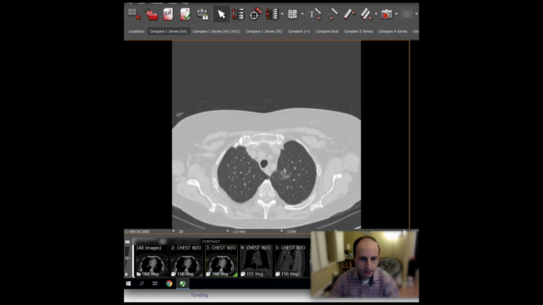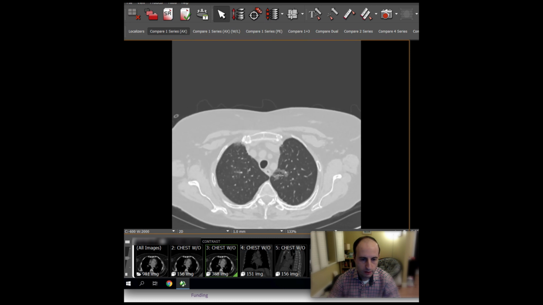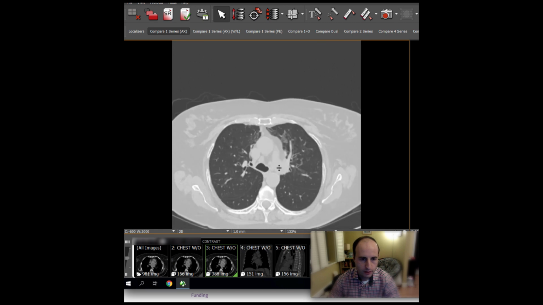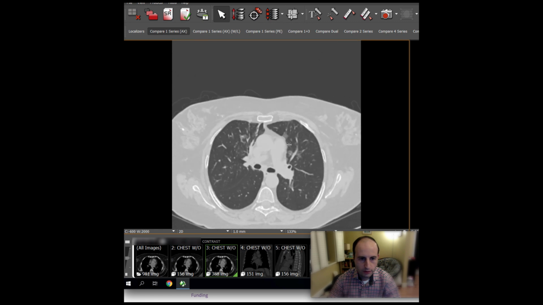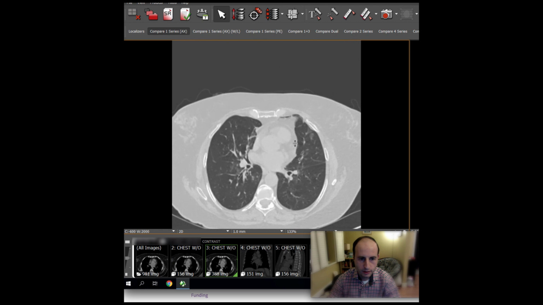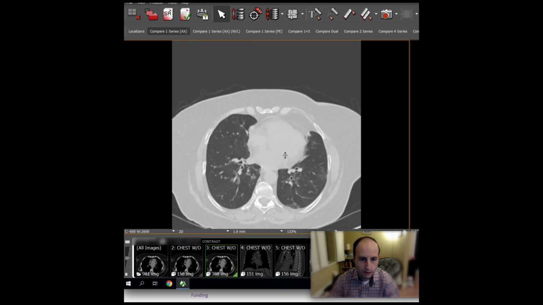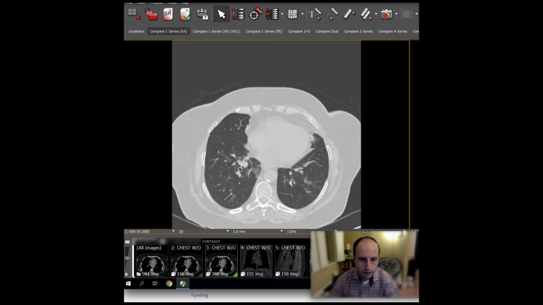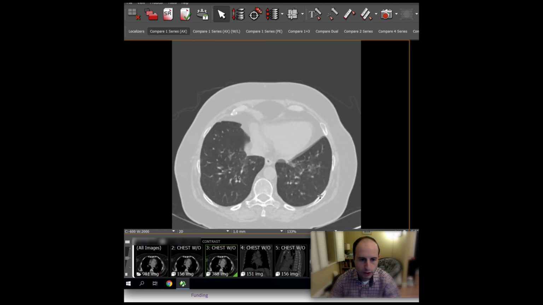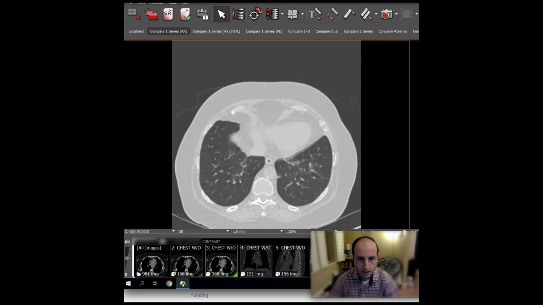So here we have a case that also presented recently, with some patchy ground glass opacities, a little area of central clearing, and some more patchy ground glass. Now, of course, this case happens to have a more central distribution than the typical peripheral distribution described in the literature for COVID. But as we saw, you can have patients with central distribution, like the one I just showed you.